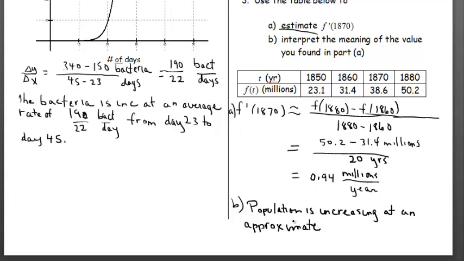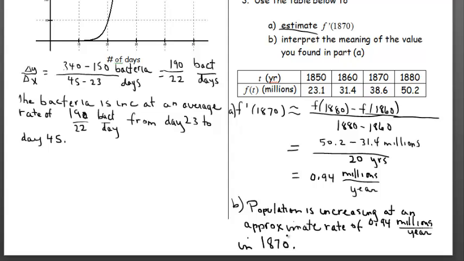The population is increasing at an approximate rate of, dump in your answer, 0.94 millions per year in 1870.